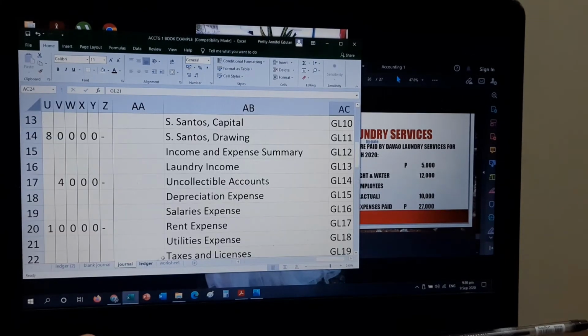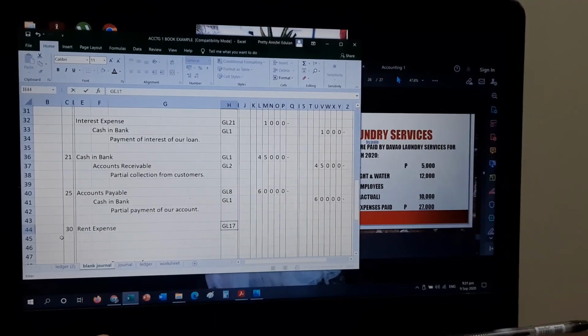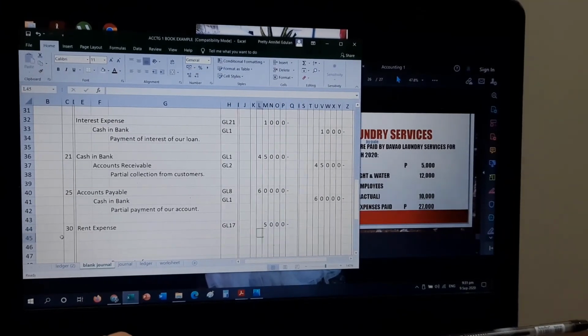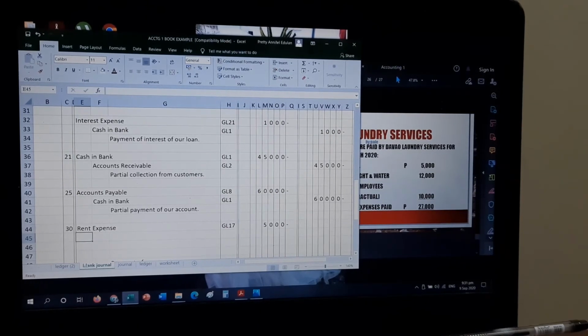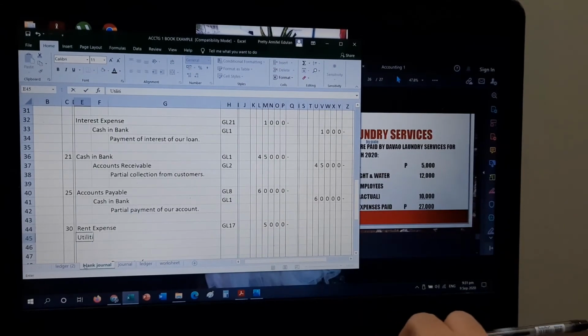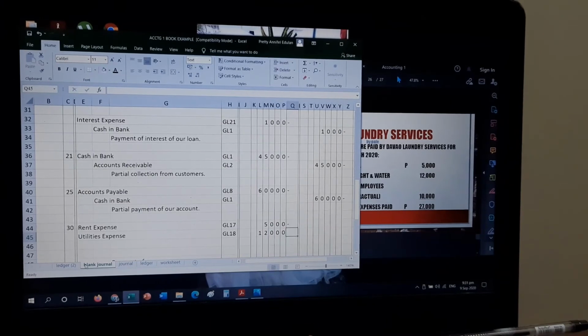So let's look at our chart of accounts. What did we have in the chart of accounts? It's rent expense, GL17, for the amount of 5,000. Again, this is the benefit we received for using the space. Next is light and water, that is utilities expense, GL18, 12,000.